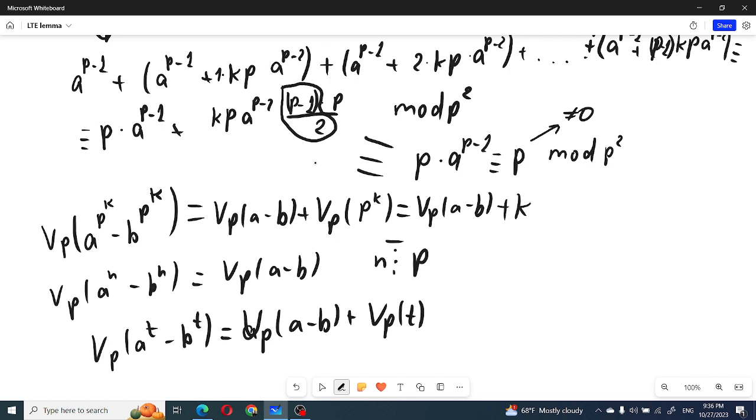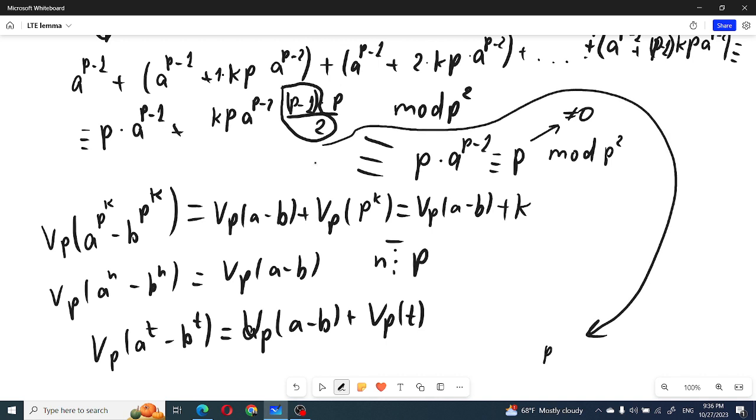So we will see that this works, but now we need to discuss the case when p equals 2. In this case, the discussion is almost the same, but the formula is a bit different, and I can write the formula.